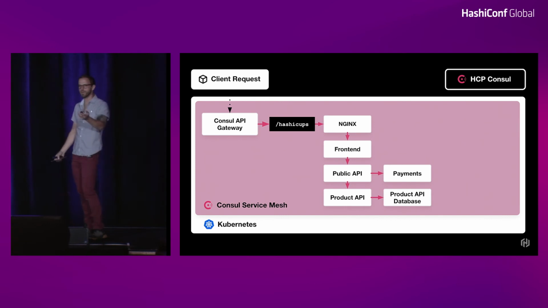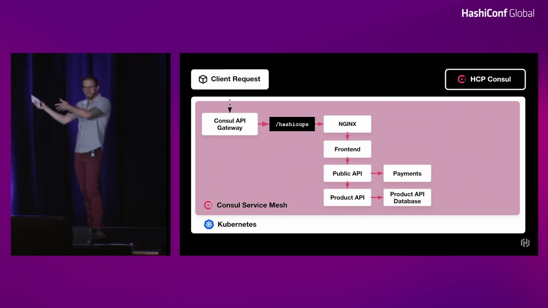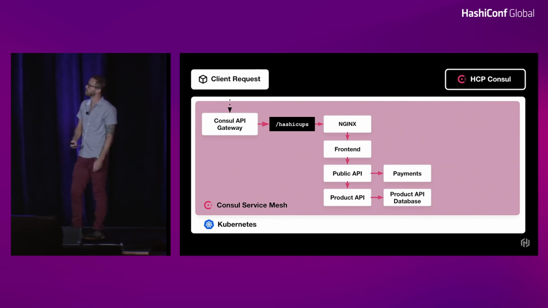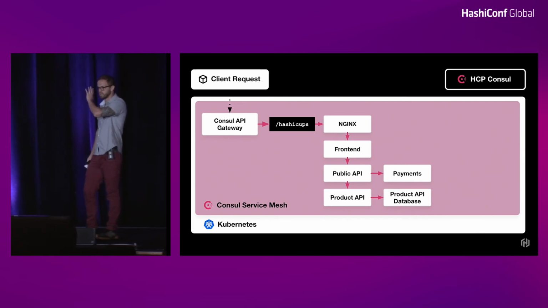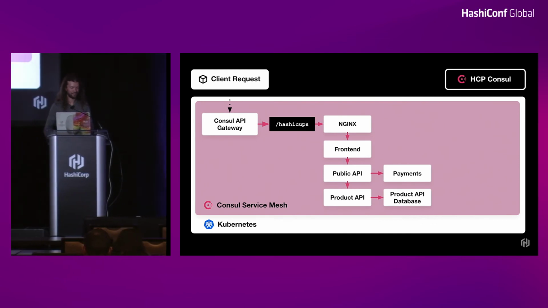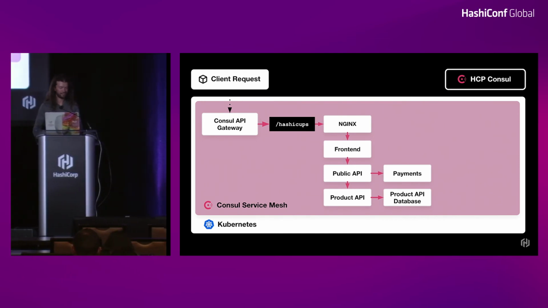So let's do a quick recap because we kind of blazed through that. When Krastin stood up the environment, this is what we had. We had the HashiCorp demo application up here with the Consul API gateway for ingress, and this was all working just fine. And this is a great workload. Like, this works for the majority of time right here. You don't need to worry about this. It can handle all the traffic.